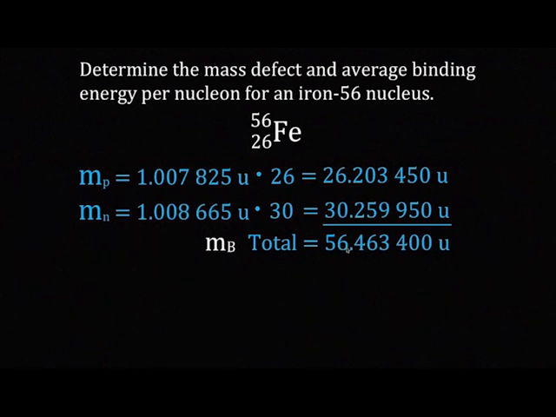The given mass of iron is 55.934939. So subtracting these two, we get the mass defect, which is equal to 0.528461 atomic mass units, u.